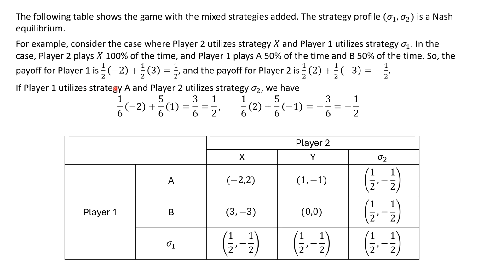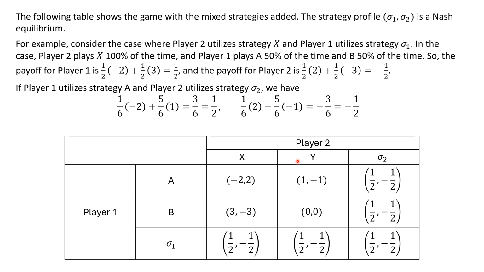If player 1 utilizes strategy A and player 2 utilizes strategy sigma sub 2, then we have 1/6 times -2 plus 5/6 times 1, and that gives us 3/6, which equals 1/2. That's this entry here.